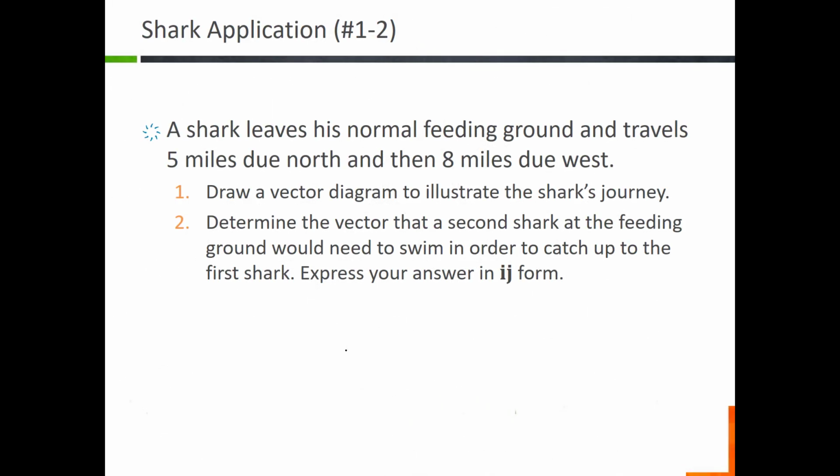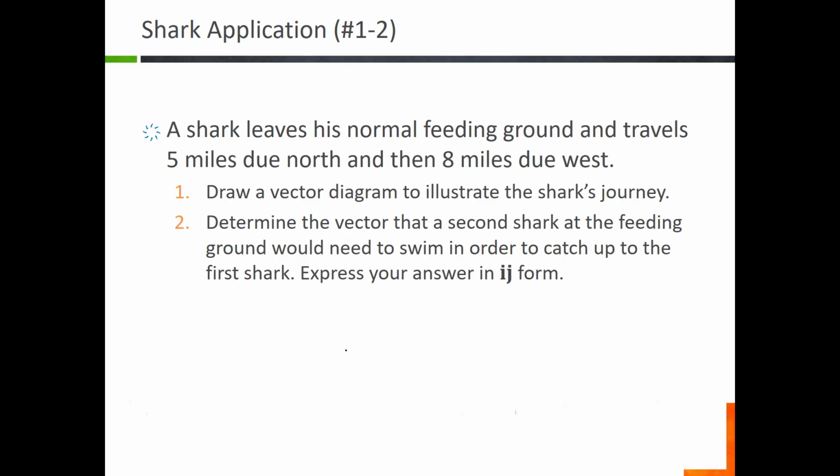All right, so let's look at a couple applications. The first one deals with a shark swimming around, and he has a really good sense of direction. He's going to leave his normal feeding grounds and travel 5 miles due north, to the mile in that exact direction, and then he's going to travel 8 miles due west.